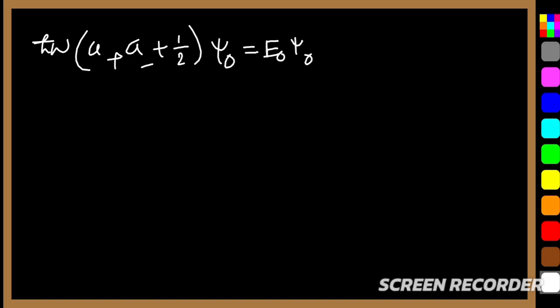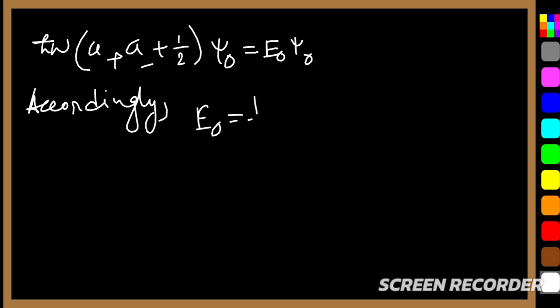Accordingly, E0 equals half of h cut omega. This we also get.